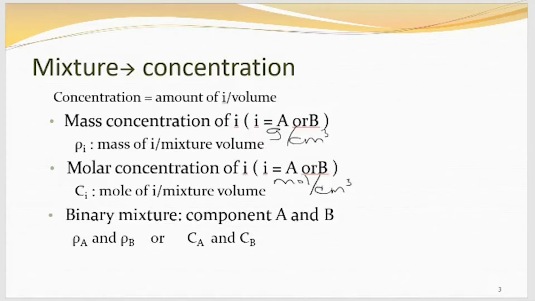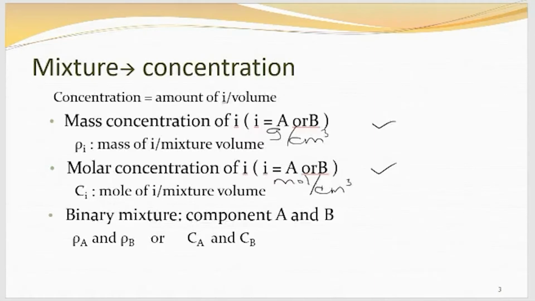Why do we have two kinds of concentration? Because in mass transfer, both mass and molar concentration are equally important, and both are used frequently in real applications. That's why we need to know about both mass concentration and molar concentration. No need to be confused.